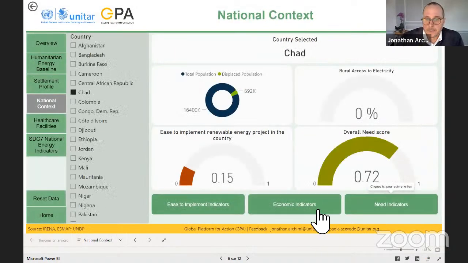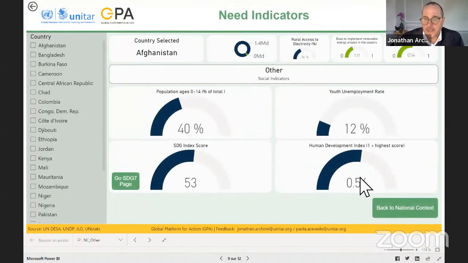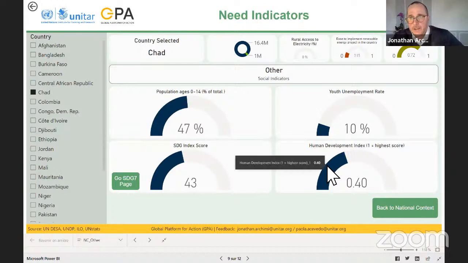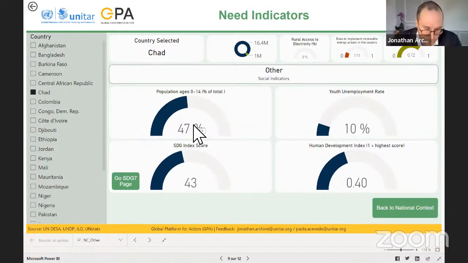Then quickly on the need, of course, the Human Development Index. We take Chad here, which is developed by UNDP. To me, there's a number which is not here, but it's reflected in the population aged 0 to 14 in the country, which is 47%.